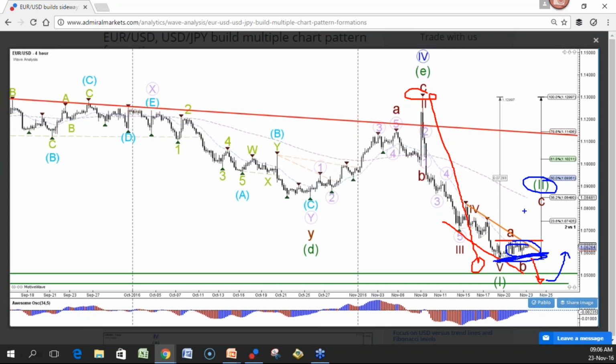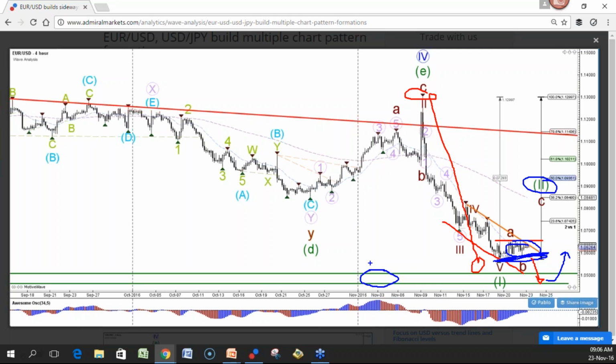Now, if price breaks through these green lines, that changes the whole ball game, in fact. In that scenario, well, then we might see an extension. We might not get a deep pullback for wave 2 as I expect now. That would change the whole structure, and that would change basically the whole view. And there could be some really impulsive breakout then.